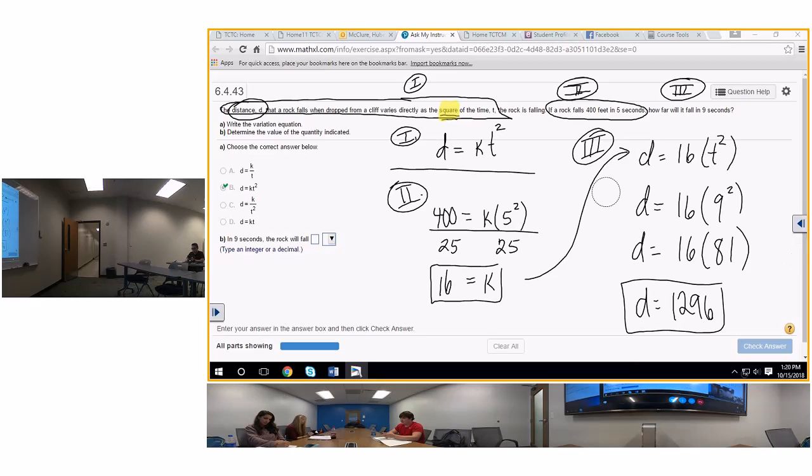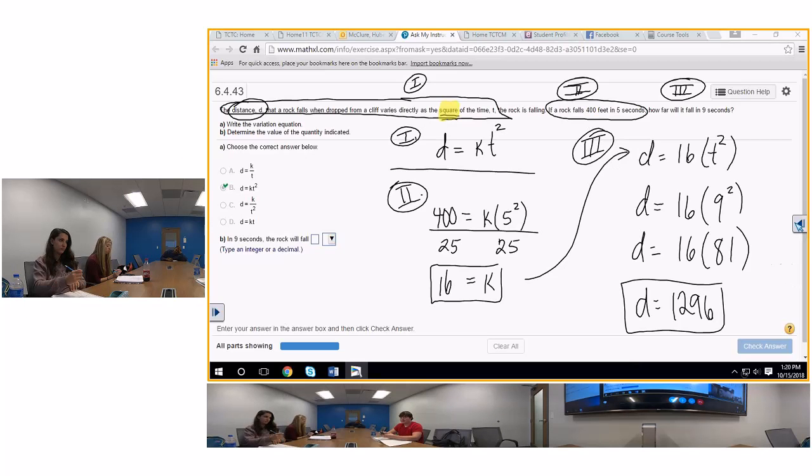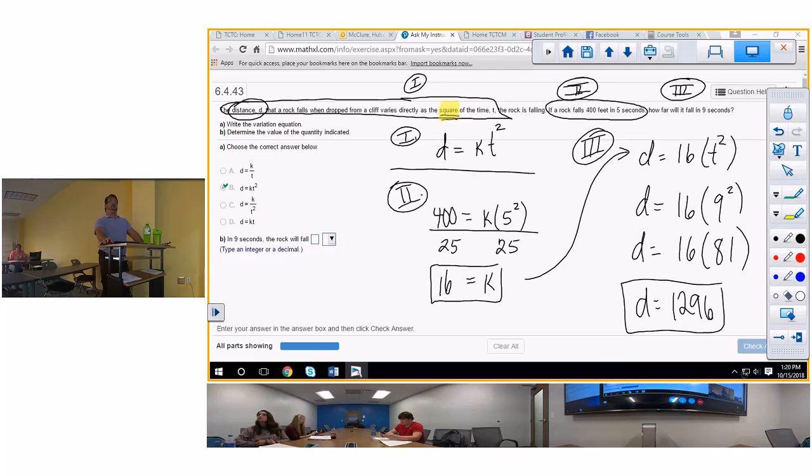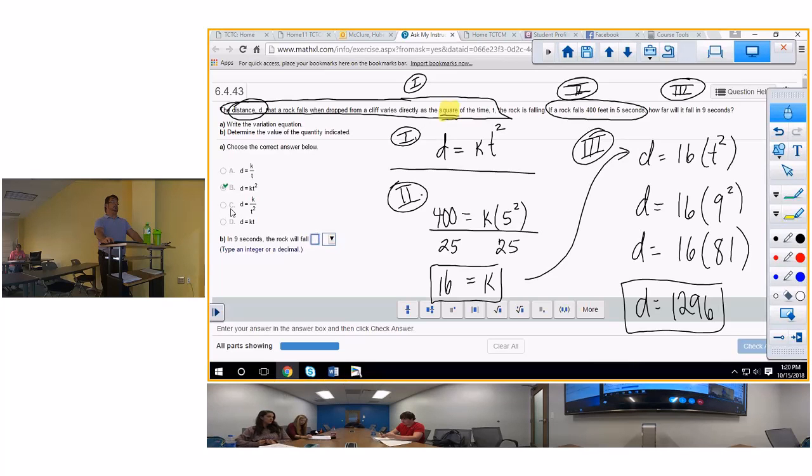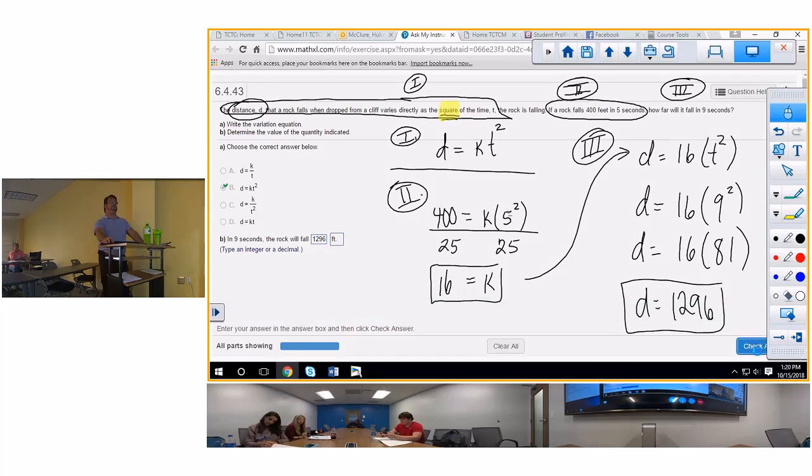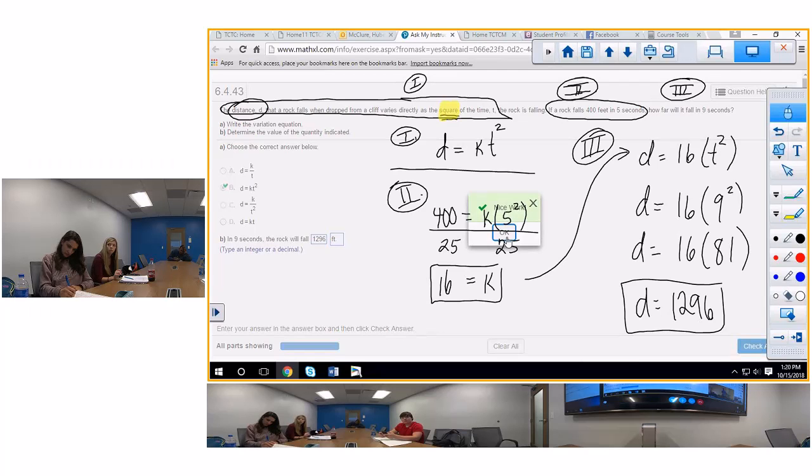Yeah. No, you're right. Y'all gonna give me a complex. Sorry. I'm gonna have to wear sunglasses in the building. The rock will fall 1,296 feet. And I feel good about myself.